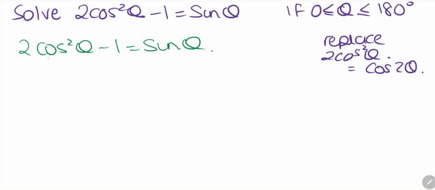So I can write this as cosine 2 theta, and we'll keep sine theta the same.